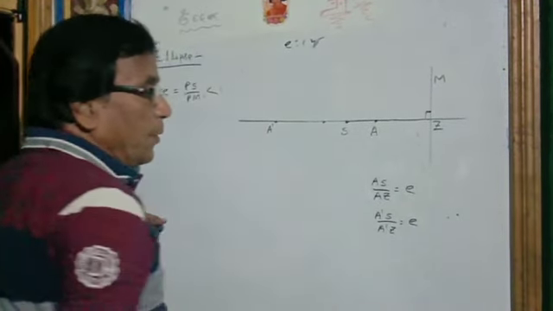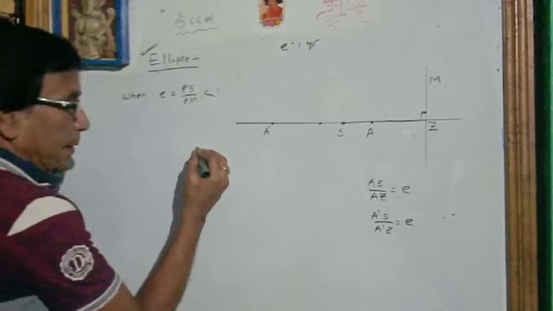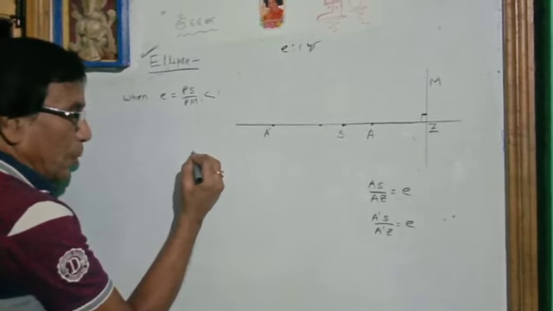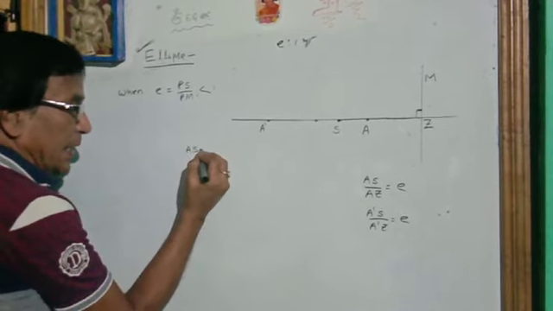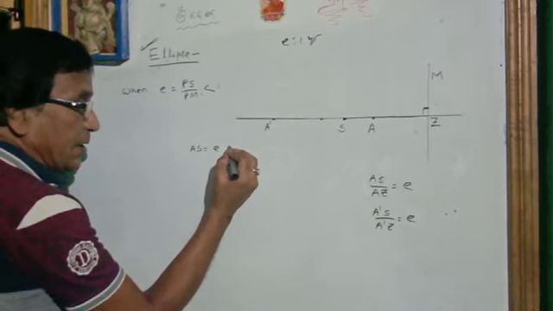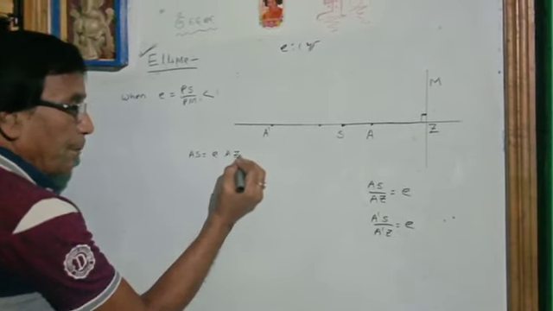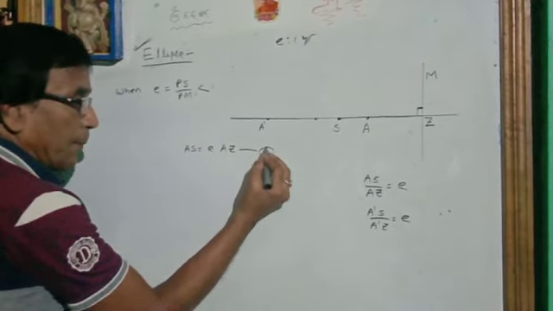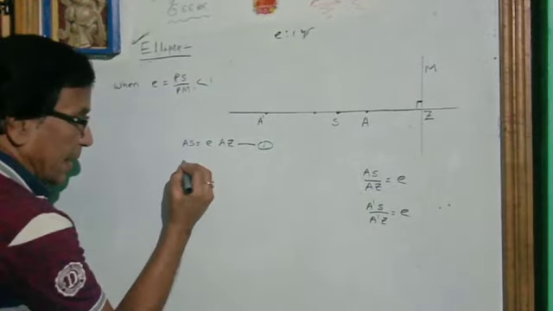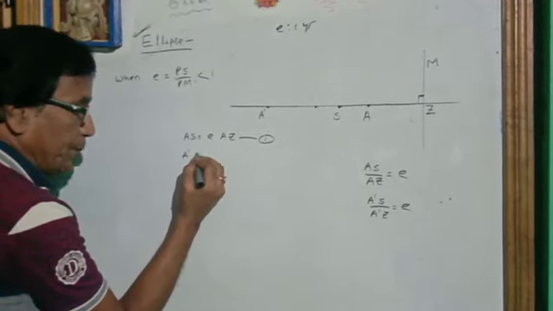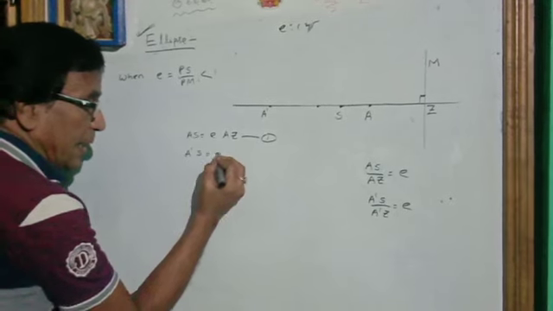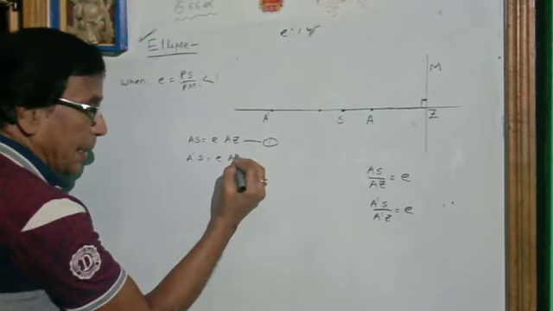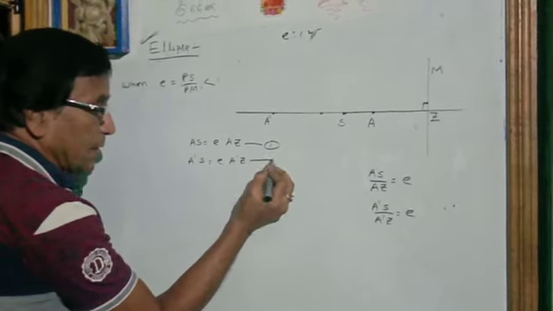So from here we are getting that AS is equal to e times AZ, equation 1. And A dash S is equal to e times A dash Z, equation 2.